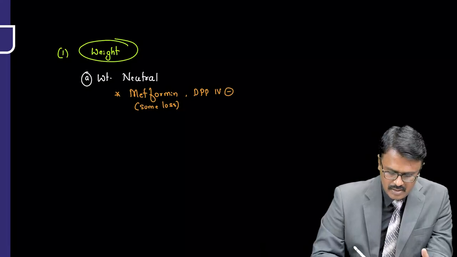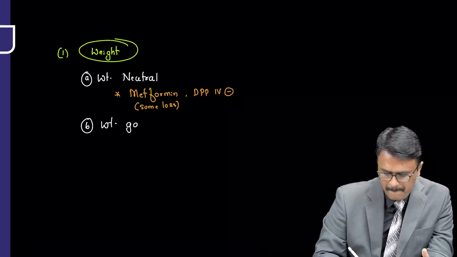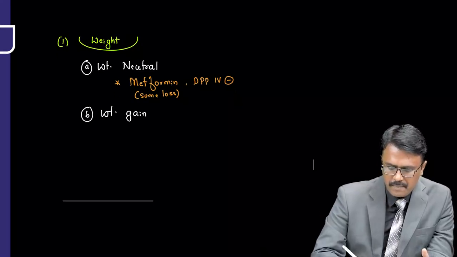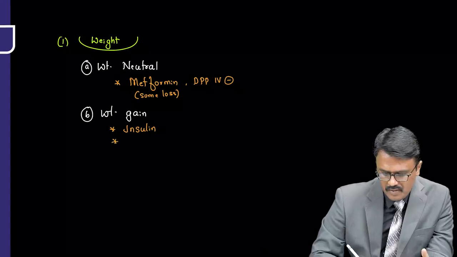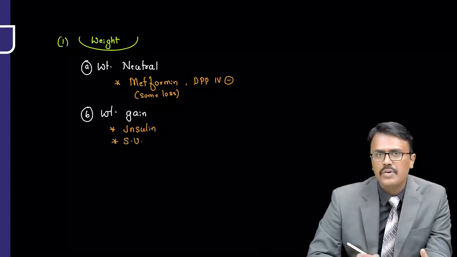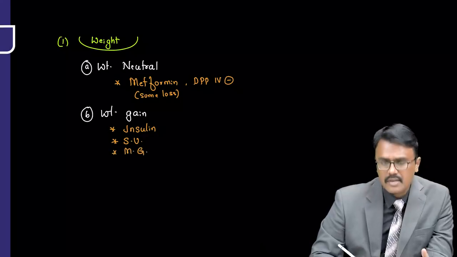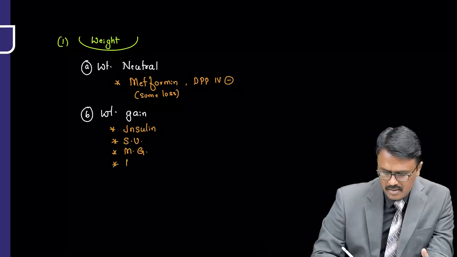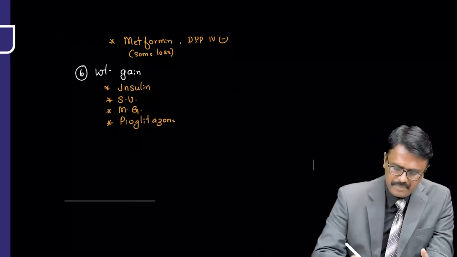The second important thing is, which drugs cause weight gain? Remember, it is the old drugs like insulin. SU stands for sulfonylureas, MG stands for meglitinides, and pioglitazone. These are known to cause weight gain.